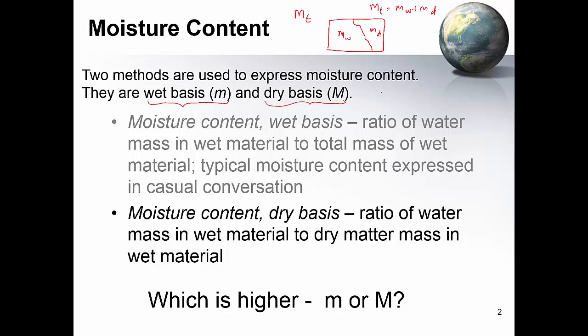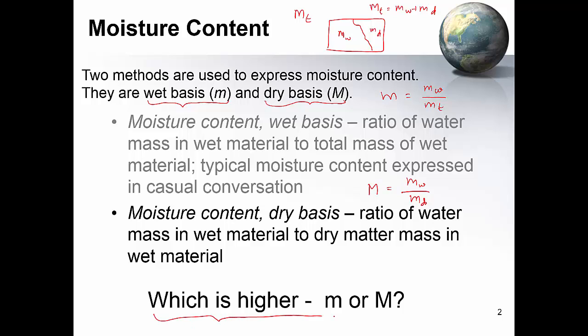The wet basis small m is equal to the mass of the water divided by the total mass, whereas the dry basis capital M equals the mass of the water divided by the dry mass.